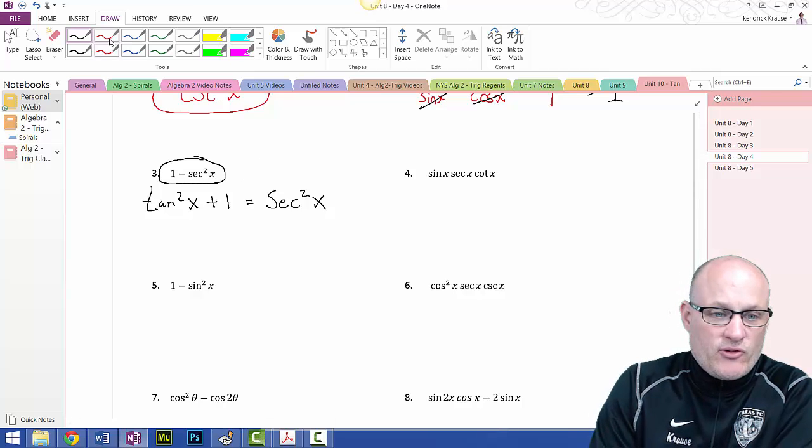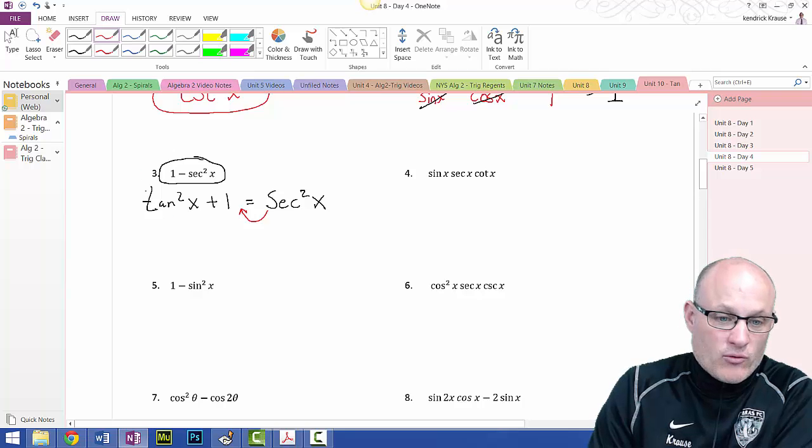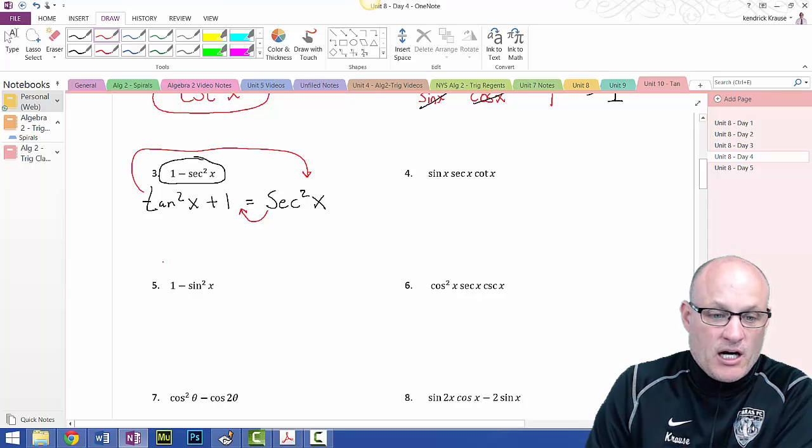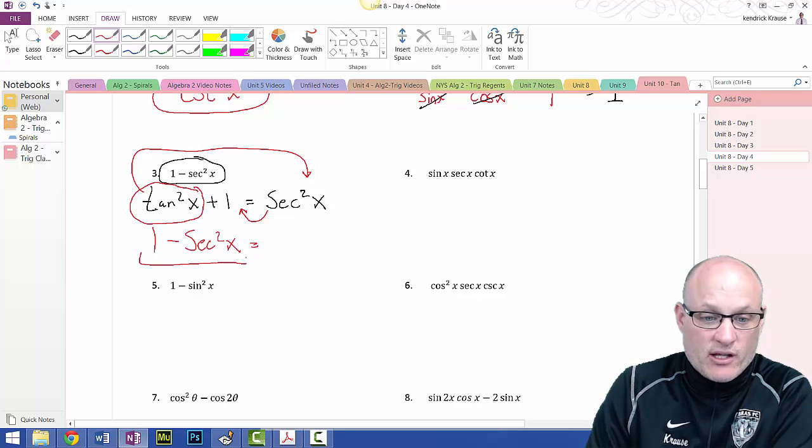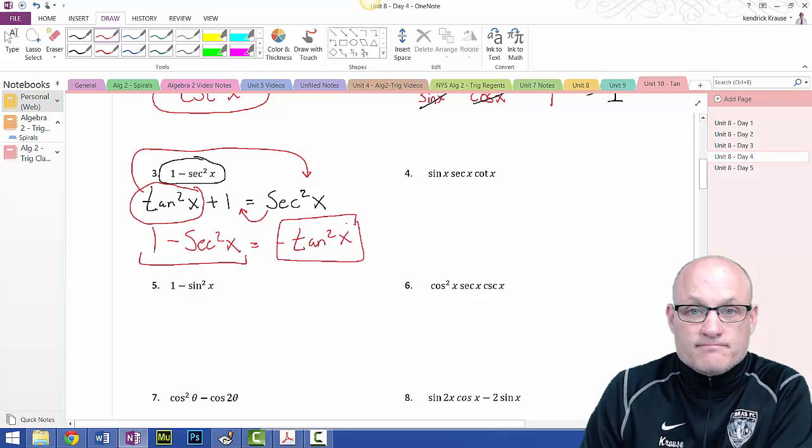Well, I think you see, if I bring this over here and then bring this over to this side, on this side I'll end up with 1 minus secant squared x. And then if I bring this over to the other side, just so I have these two things on the left side, I get negative tangent squared x. And there's the answer to that question. That's what you want to do.